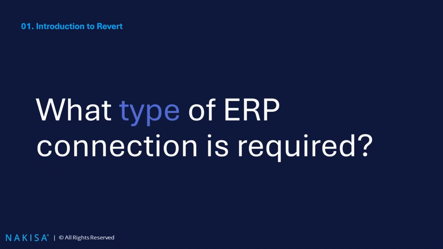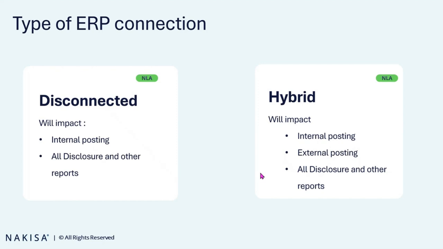So can revert be used for what type of ERP connection is required? Can the revert be used in a connected mode, or we'll call it now the hybrid mode, or the disconnected?